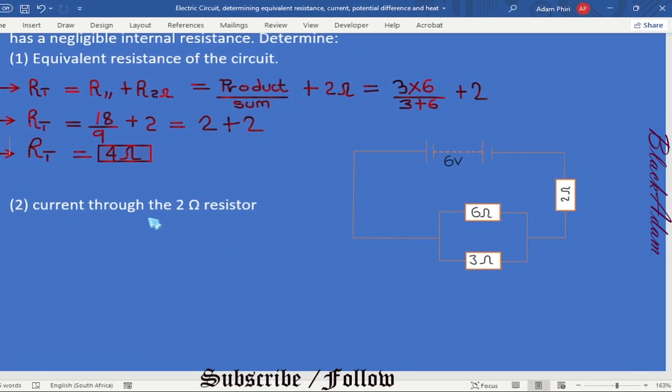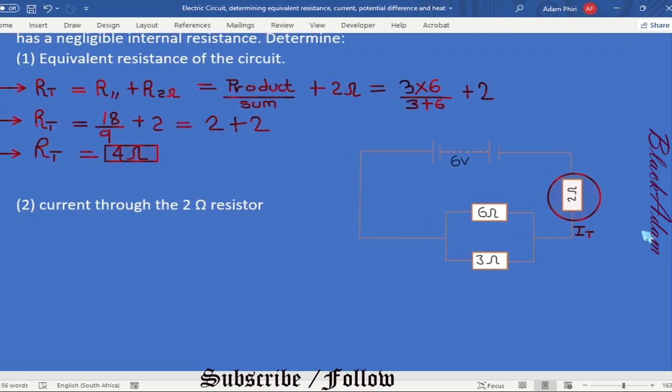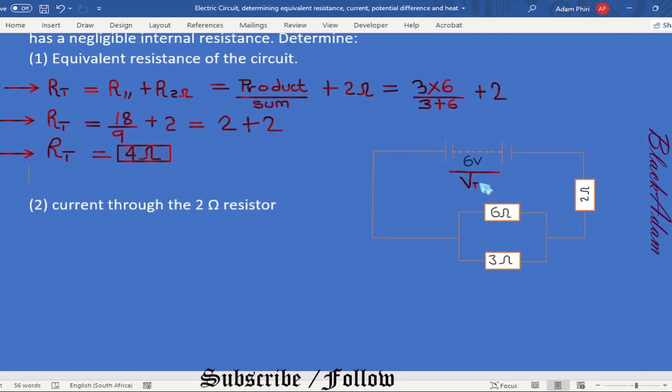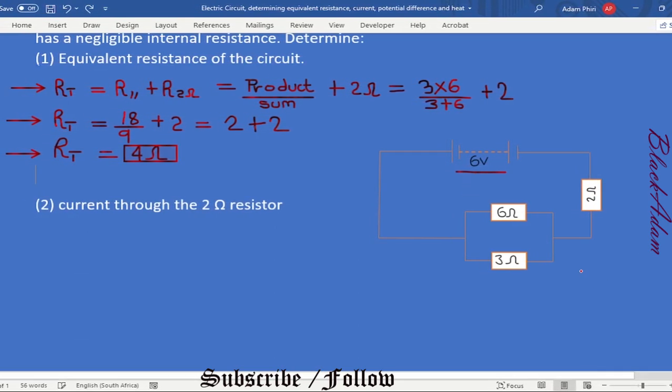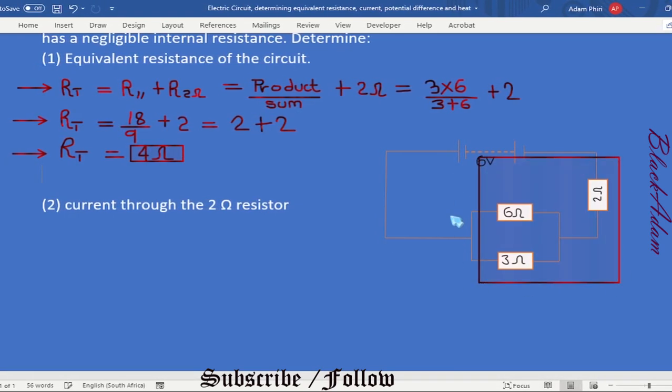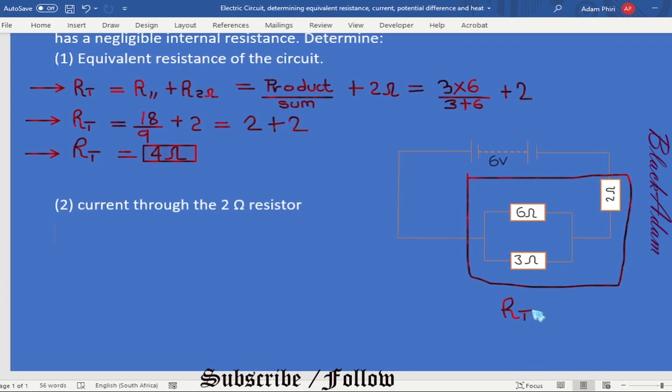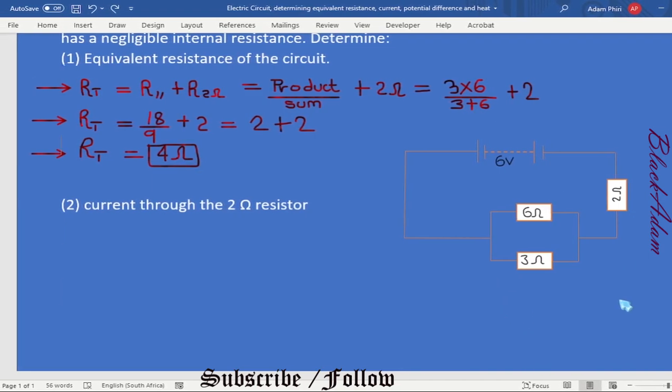So let's say the current through the 2 ohm resistor. That's all the current that flows in the circuit. So that means we have the total voltage, and we need the total resistance as well, and then calculate the current.